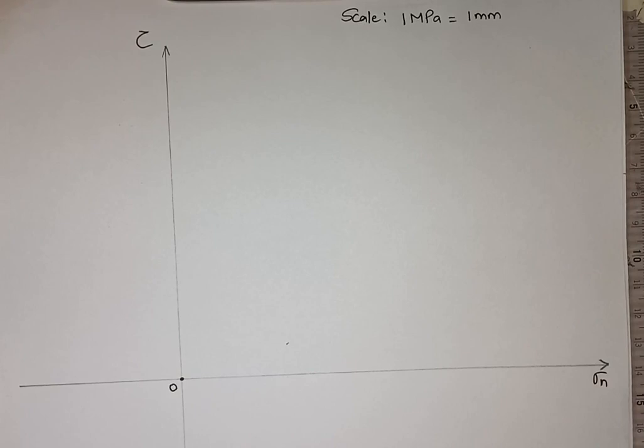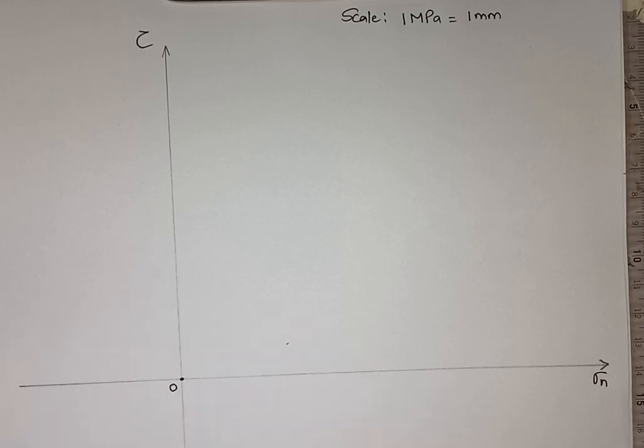This is the scale I have assumed. You decide this depending upon the maximum value of stress you have in the problem. Right? So now I will be marking point A, or you can say the state of stress on plane A.